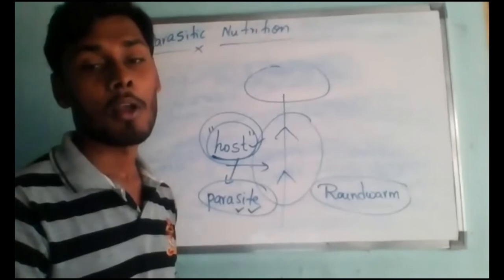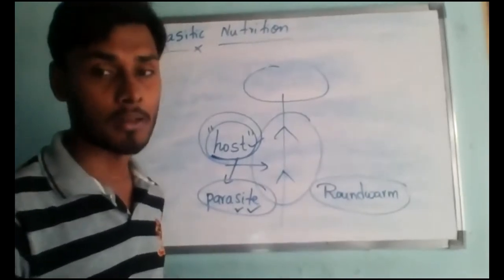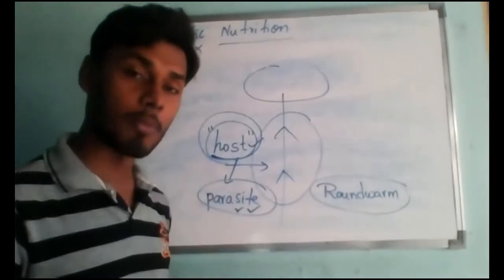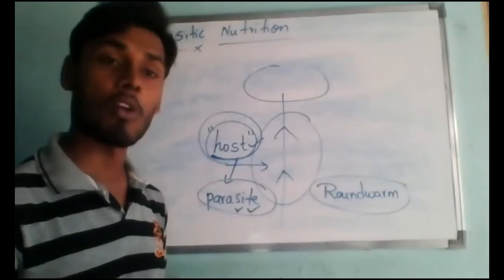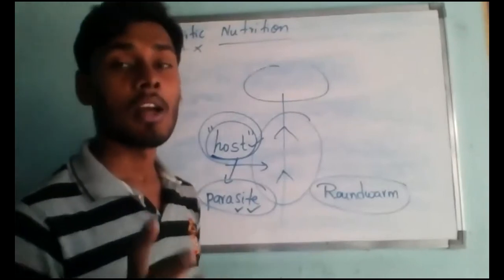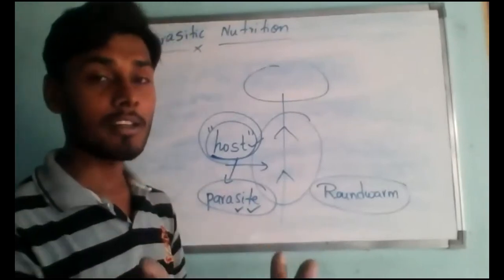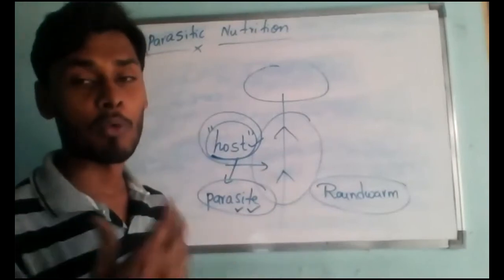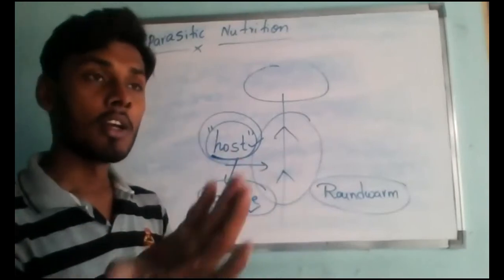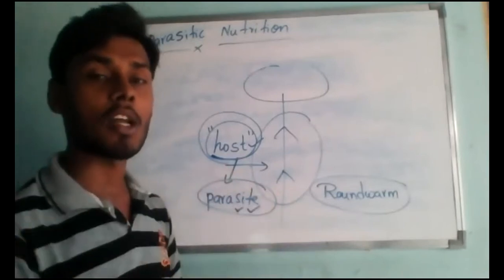In our stomach, millions of bacteria are present, which take food from our body. But we are also benefiting them by providing food and shelter, so for that purpose they also help us.